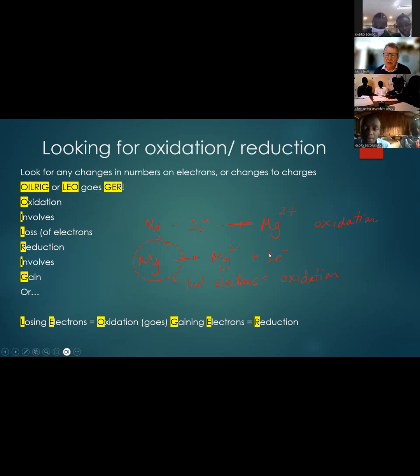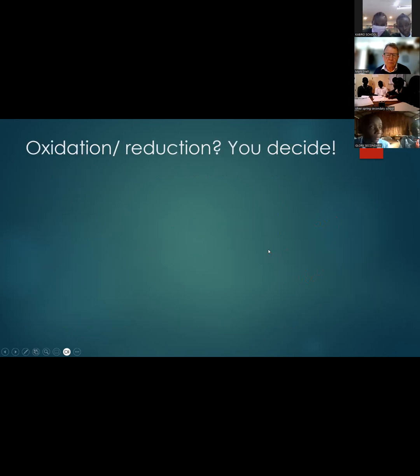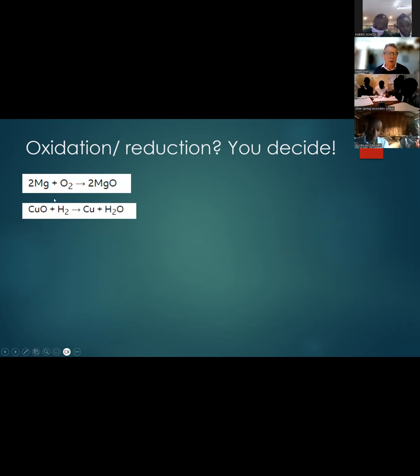So let's go on to the questions. In this first one, that was easy. That one gains oxygen. That is oxidation. The second one, the copper oxide loses oxygen, and so it is reduced. The third one, Mg turns into Mg2 plus and electrons.